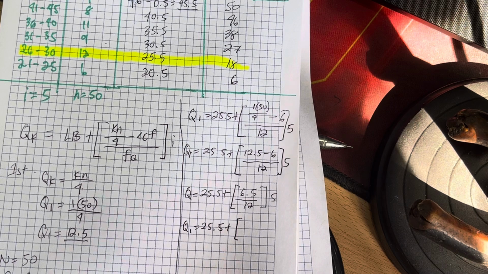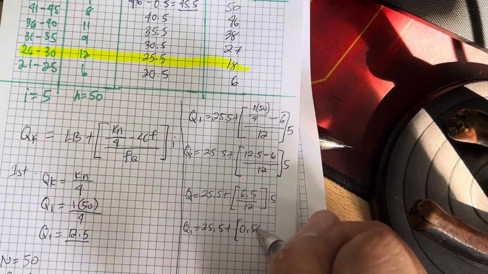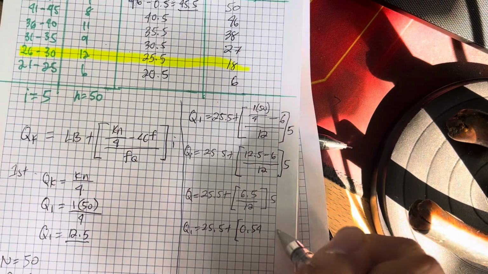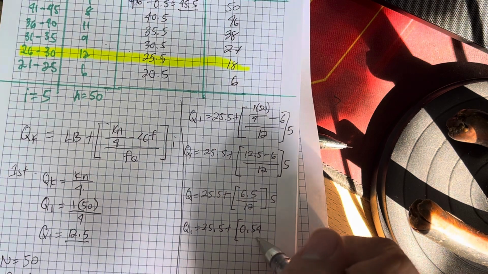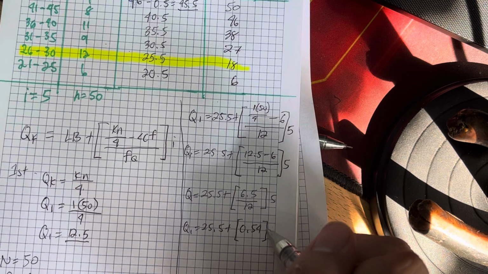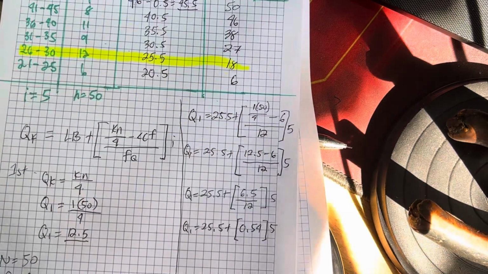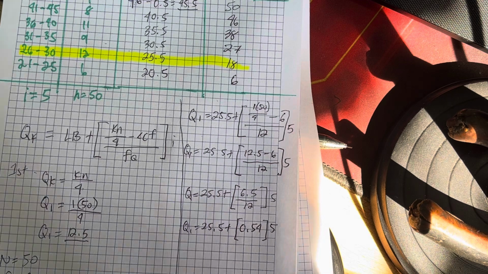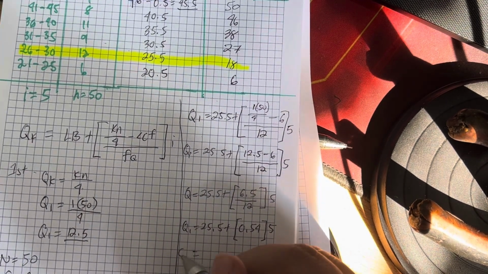So, that is 6.5 divided by 12 is 0.541 and so on. Pwede na din natin dyang 0.54 and so on. Pero as much as possible, isama natin yung continuous number niya, multiply sa 5.